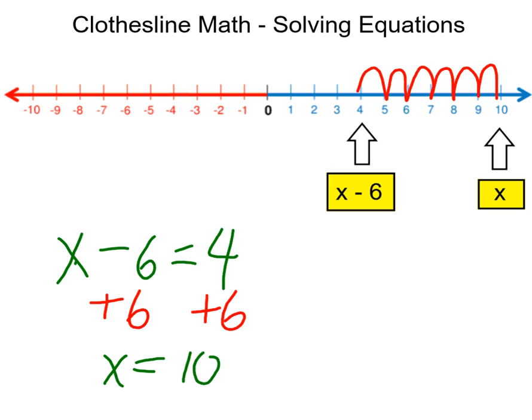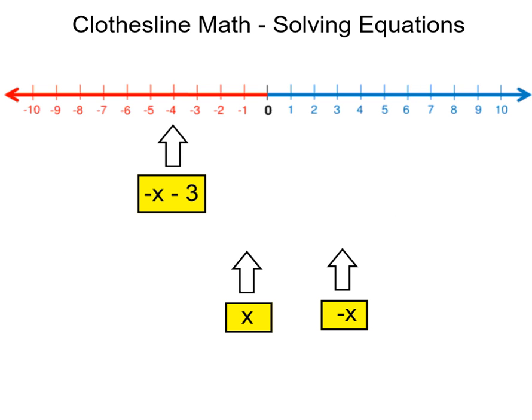Let's look at a couple more that are a little bit trickier. So this one says -x minus 3. I've added an extra box here for -x. So where would -x end up? Hopefully you realize that -x would have to be bigger than -x take away 3. So it's going to be 3 bigger.